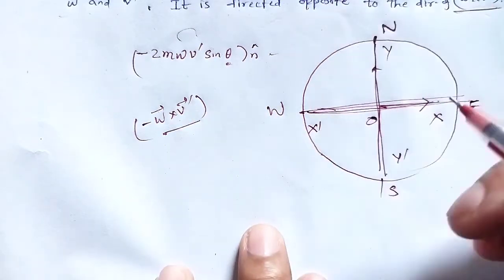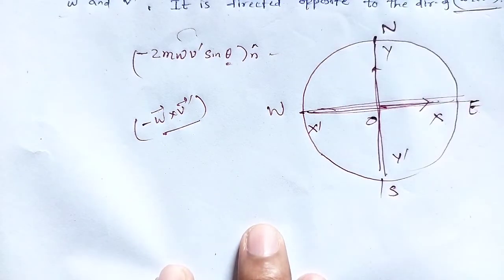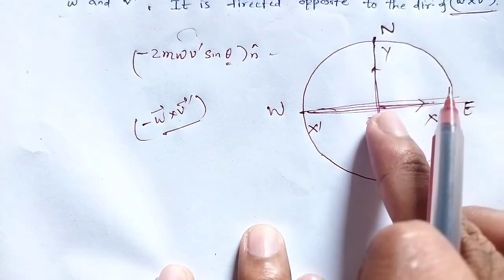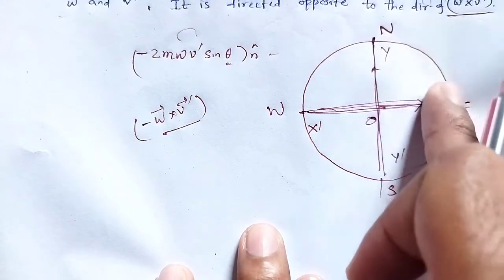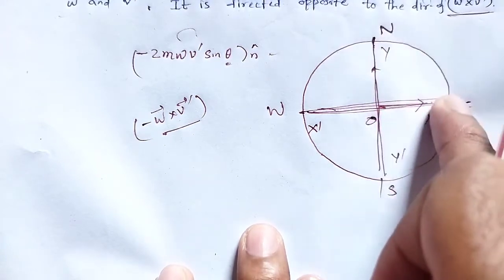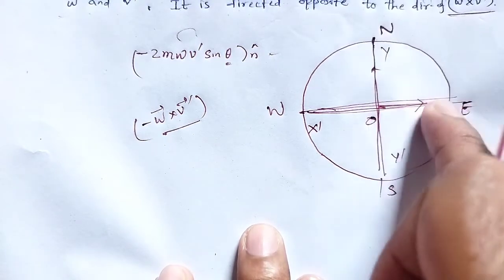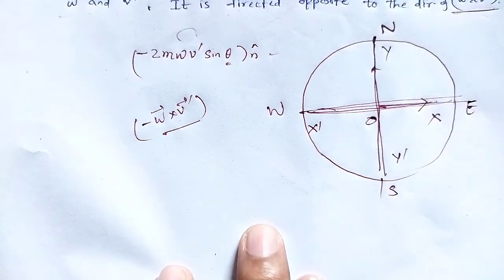So the body is deflected towards the right, since it moves towards north, and the resultant is towards east, the positive direction of x axis.